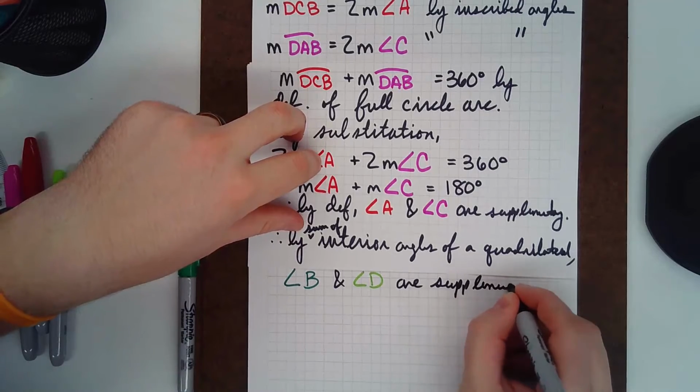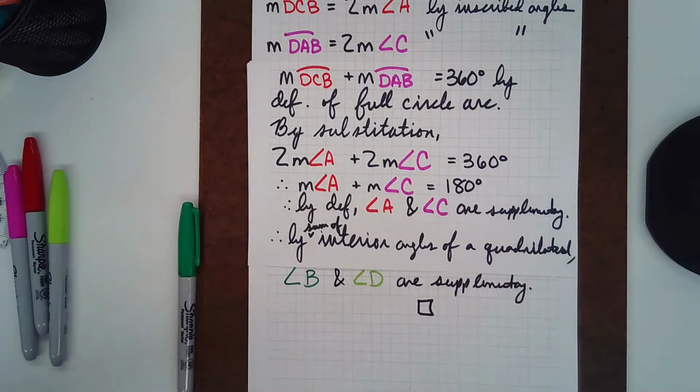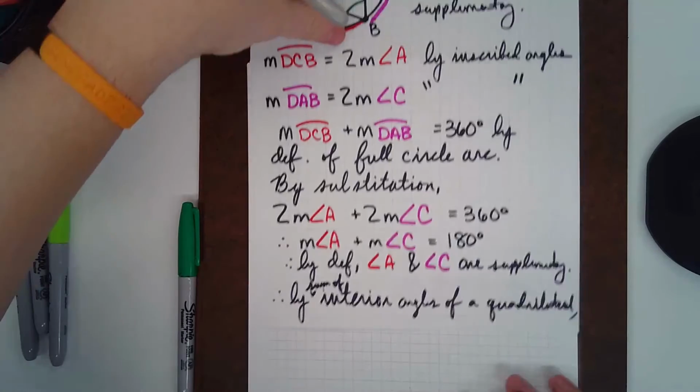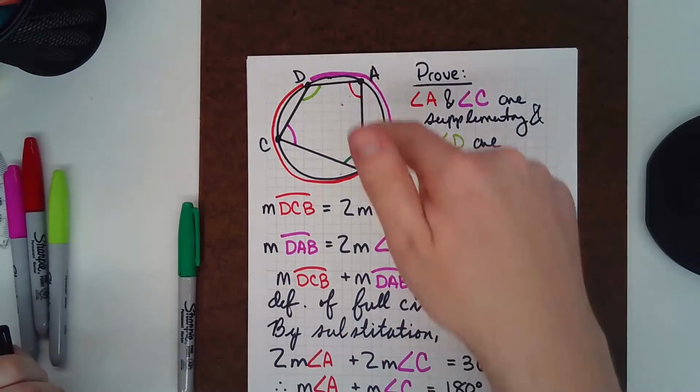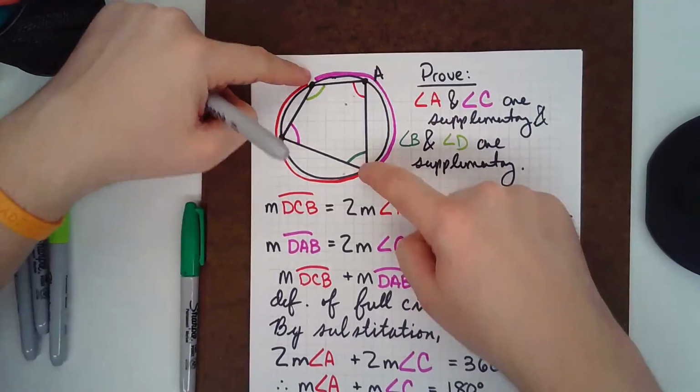And that's the end of the proof. I have proven that angle A and C are supplementary. I've proven that therefore angle B and D are supplementary. And now I have shown that the quadrilateral ABCD that is inscribed in the circle has to have opposite angles supplementary. All right, so this is also true.